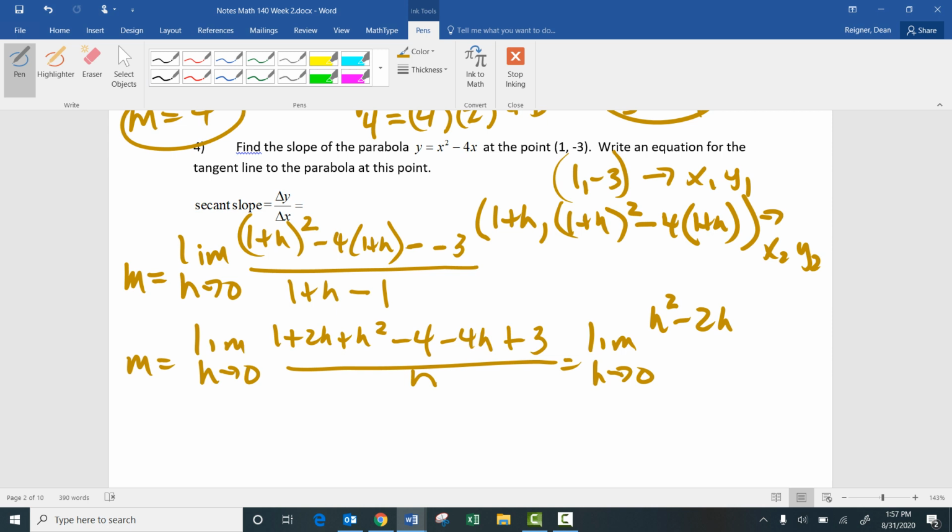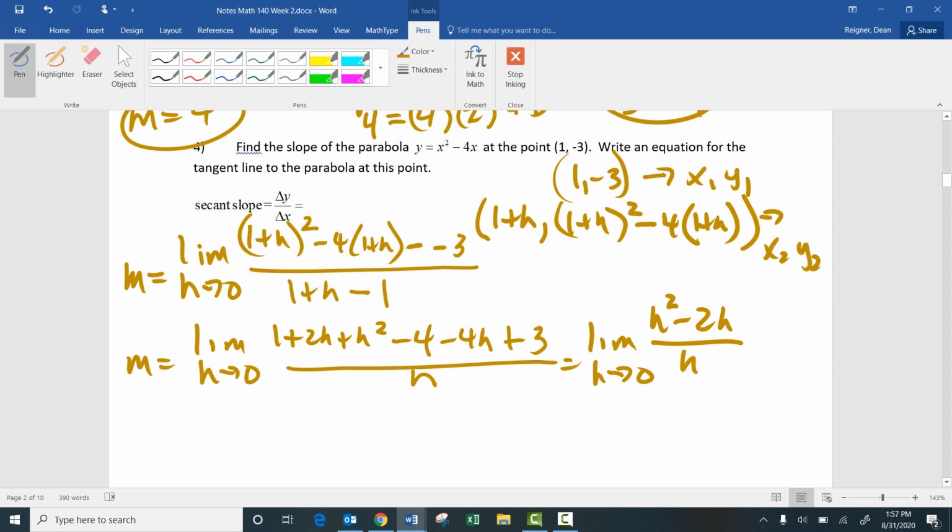What else do we have there? And it looks like the 4's cancel out. I did that correctly. And on the bottom, we just have h.